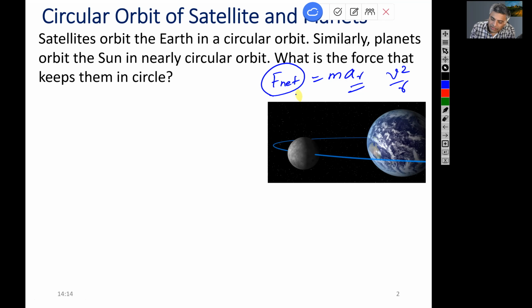But when, for example, the moon is going around the earth, what is the force making it go in a circle? It's the gravitational force between the moon and the earth. So now all we need to do is replace this F net by the gravitational force between those two objects. That's it. This side is still the same.